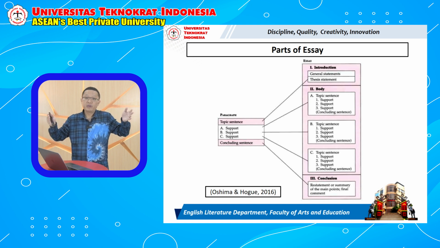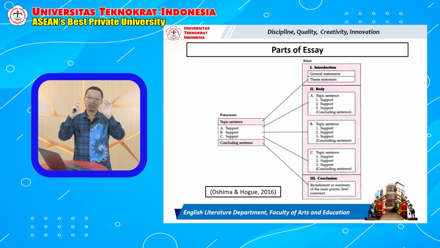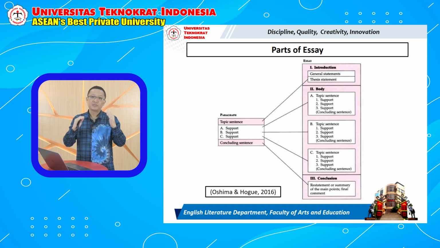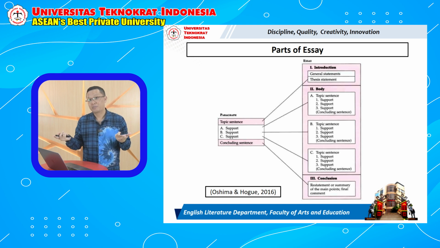So you can have various numbers of paragraphs to construct the body of your essay. But normally, like I said before, it consists of 3 paragraphs, and each paragraph will have a different topic sentence. So anything that you stated in the thesis statement has to be expanded in the body of the essay, okay? So that's basically the structure of the body. Remember? Topic sentence, several supporting sentences, and a concluding sentence.